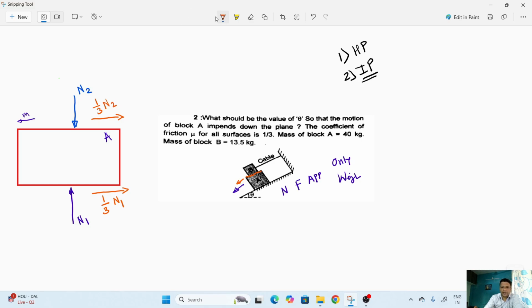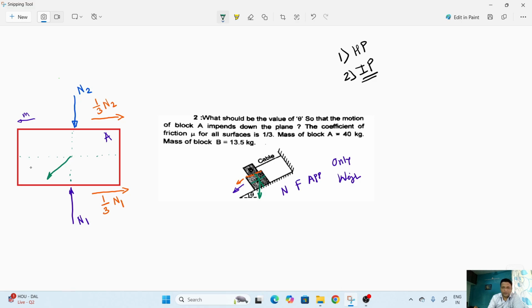Now the most important thing is showing the weight force. For that, draw one horizontal line and one vertical line. As you can see, the weight force lies in the third quadrant. Weight force is an inclined force, so it lies in the third quadrant, right?